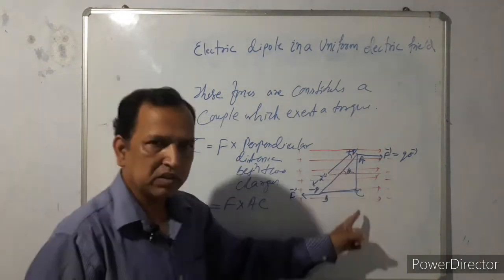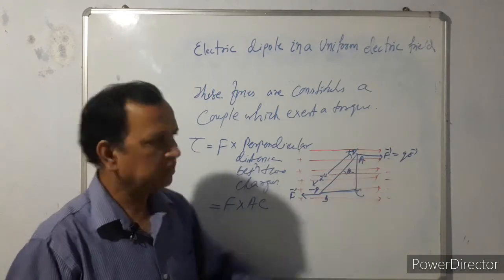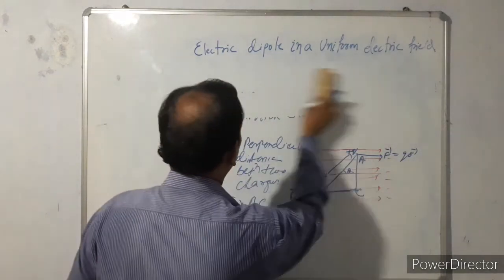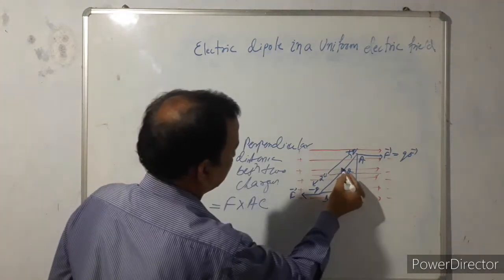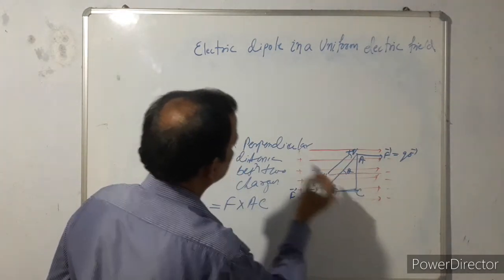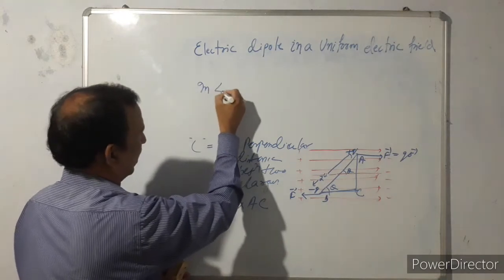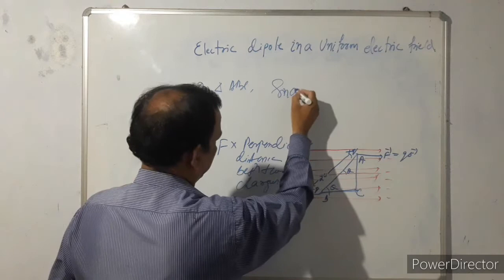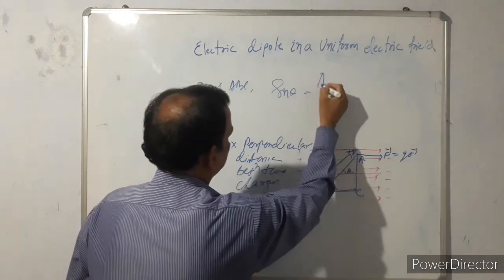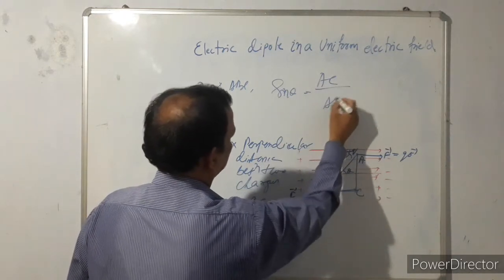Clear? Now what is AC? You can find out AC. If this is angle theta, this is also theta. In the triangle ABC, what is sin theta? That is AC by AB.